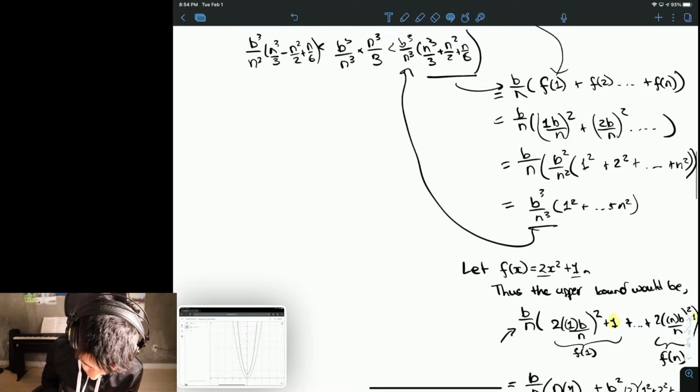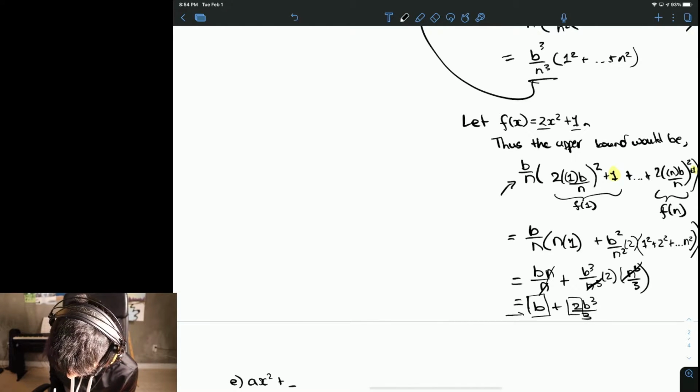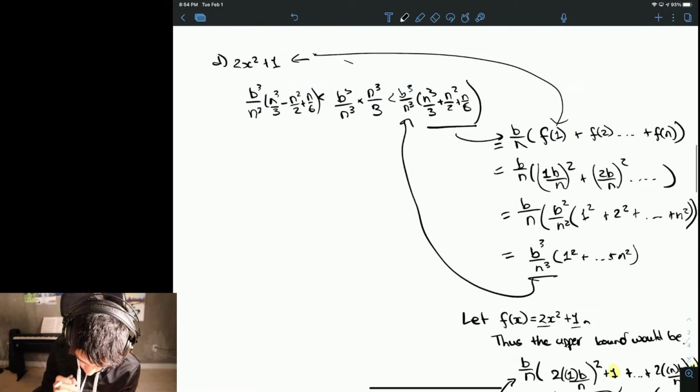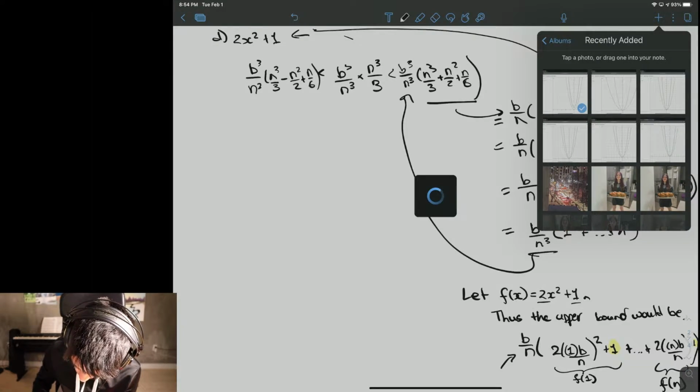It's unclear. It looks like this is the only effect, adding just some constant value to the area.